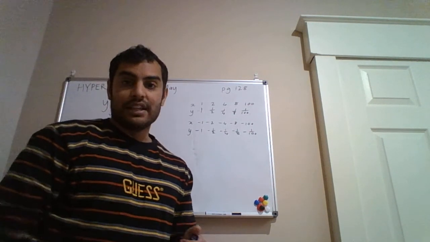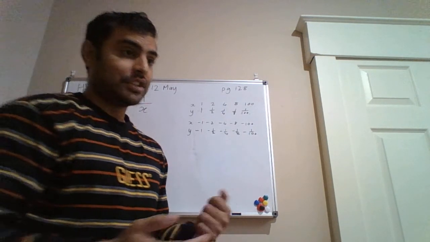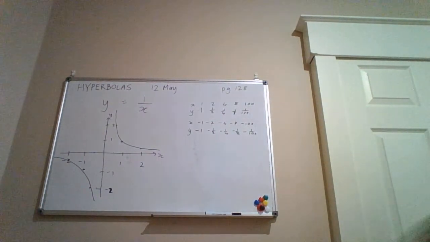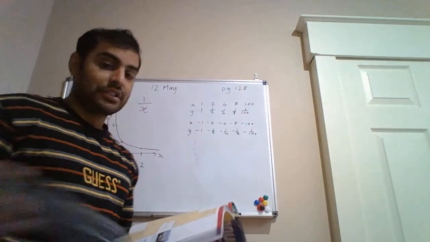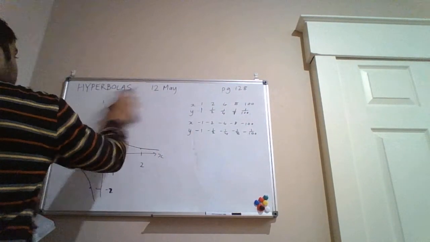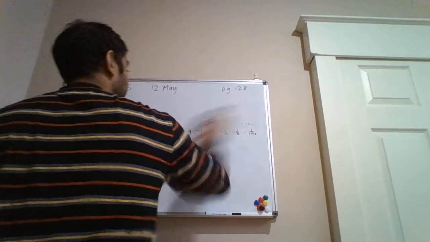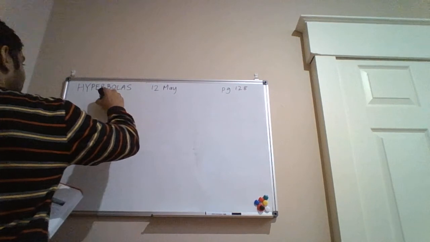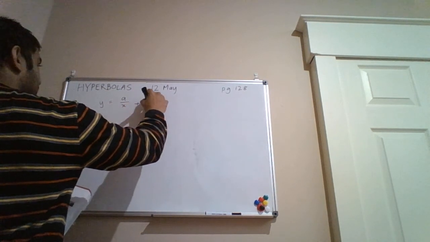Now let's look at the effect of some of the parameters on the shape of this graph. So in the textbook, the general equation is given as y equals a over x plus q.